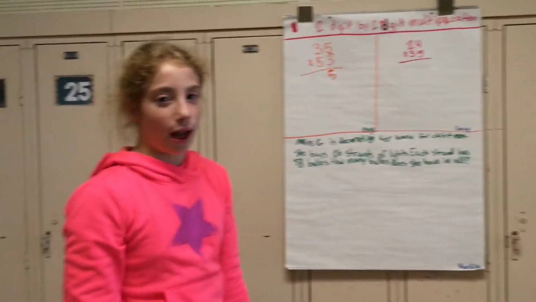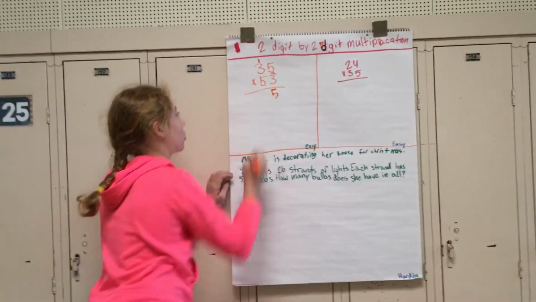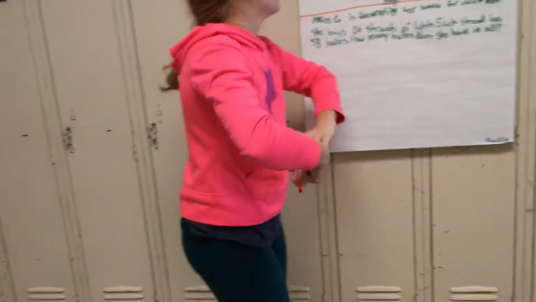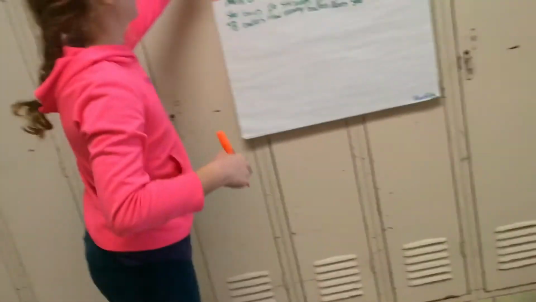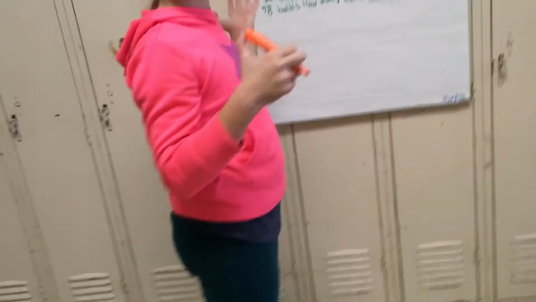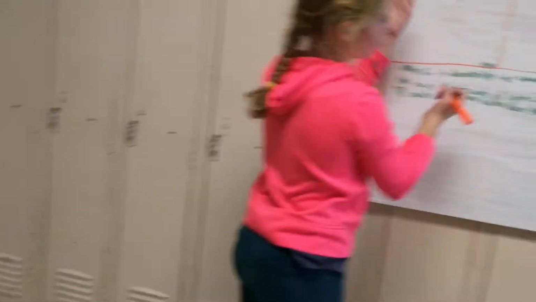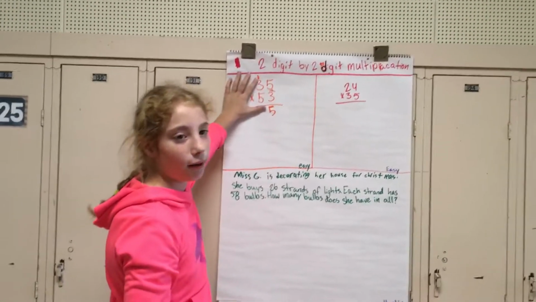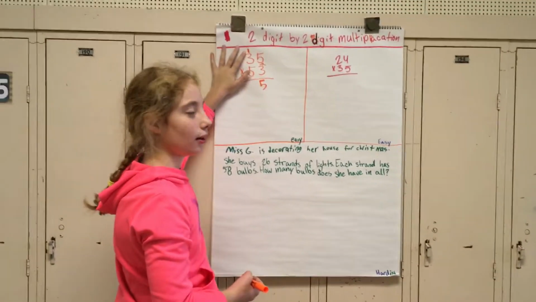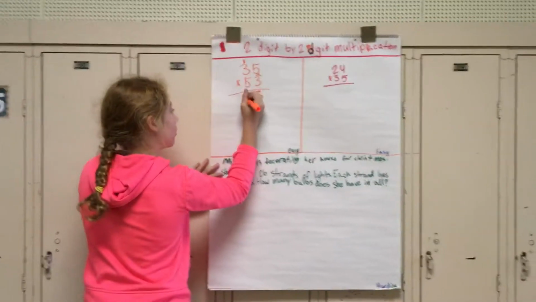But where does the extra 10 go? I don't know. Good question. Well, the extra 10 goes above the 3 because you're going to be using it. You need a carry, right? Yes. So, now, 3 times 3 is 9 plus 1, because instead of multiplying the 1, you're actually going to add the extra 10. So, that's 10, right? Yes.